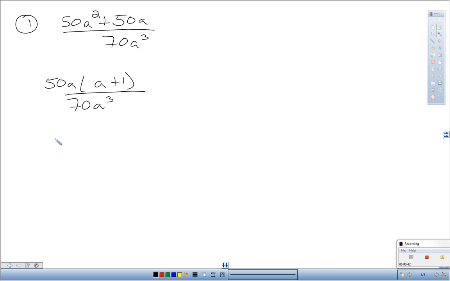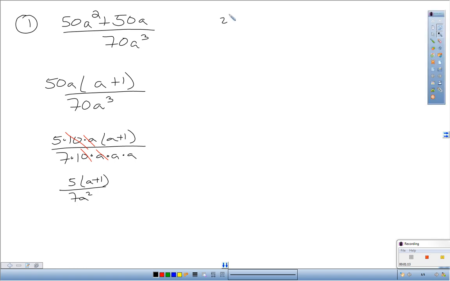I can break down 50 into 5 times 10 times a plus 1 over, I can break down 70 into 7 times 10, a times a, and so then the 10's cross out, the a's cross out, and so that leaves me 5, and then in parentheses a plus 1 over 7a squared, and then that would be my answer for the first one.